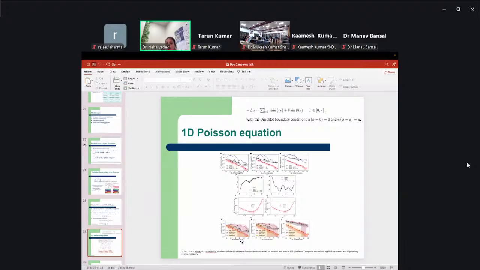It has also been observed that when GPINNs are used with the hard constraint, they outperform PINNs with the hard constraint. Hard performs better than the soft condition, and it can be seen from figures H, I, and J.